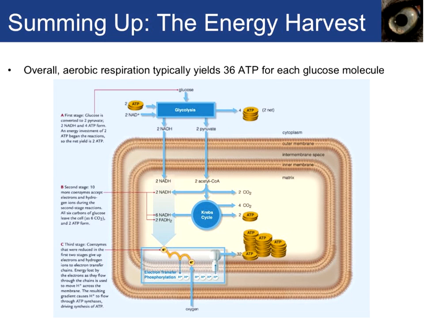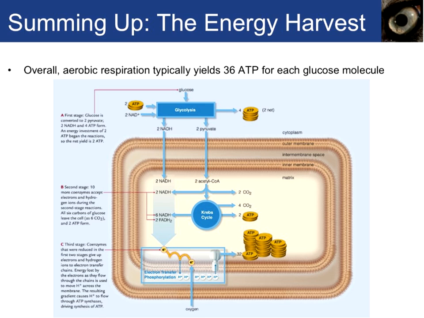The overall aerobic respiration typically yields 36 ATP for each glucose molecule. So you're going to have about 32 ATP that form in the third stage versus 4 in the other 2 stages. But the total yield does vary by cell type.